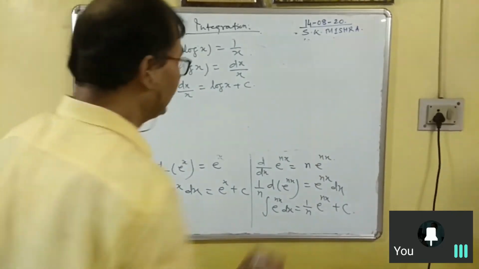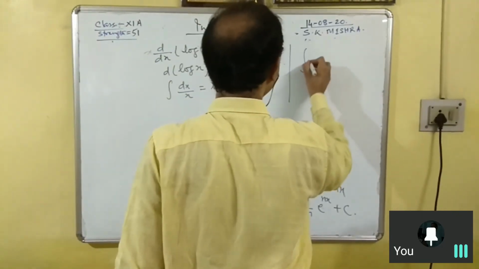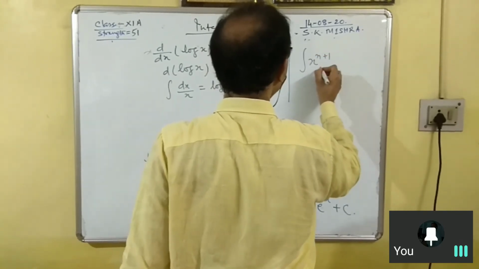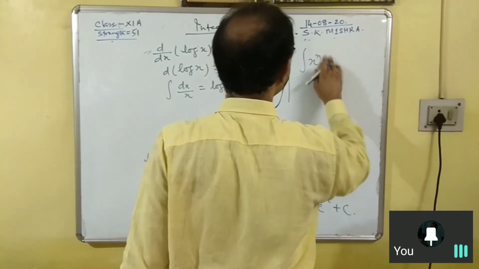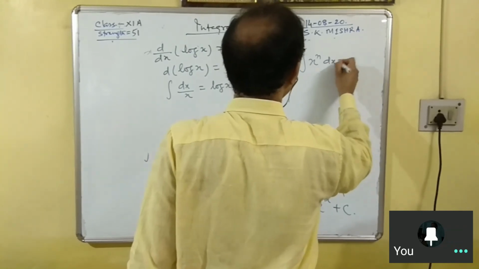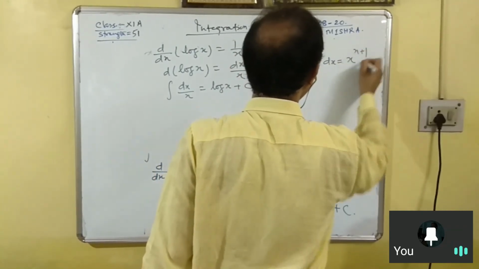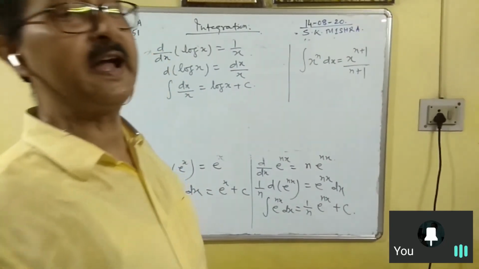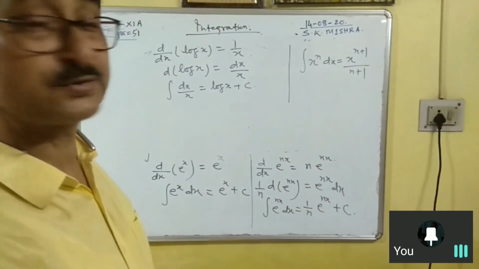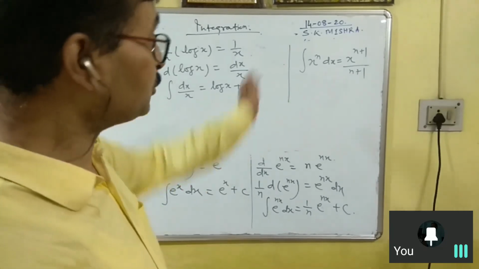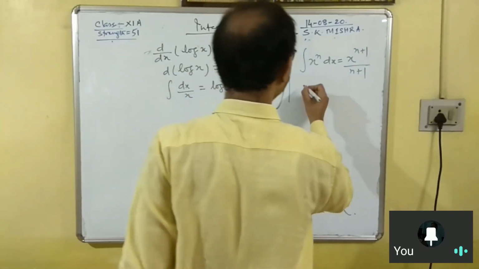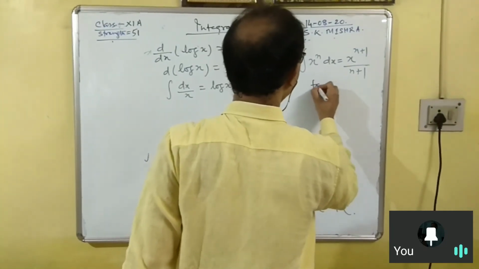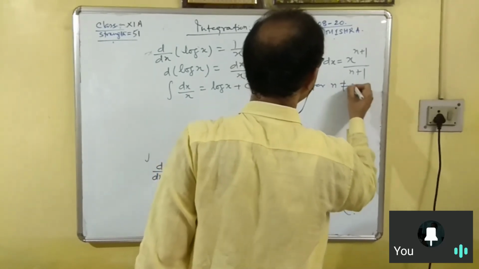And that's why the formula, integration of x raised to n dx, which is x raised to n plus 1 by n plus 1, is true except n is not equal to minus 1. So this is true in all the cases, but for n not equal to minus 1.